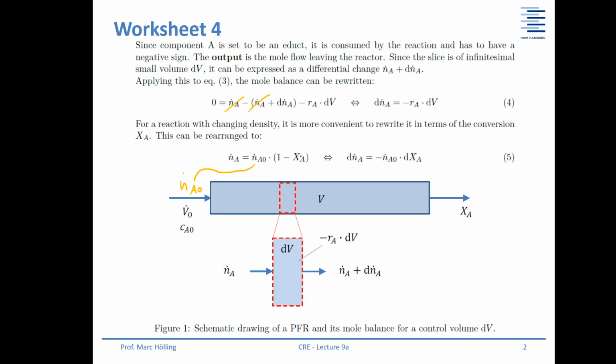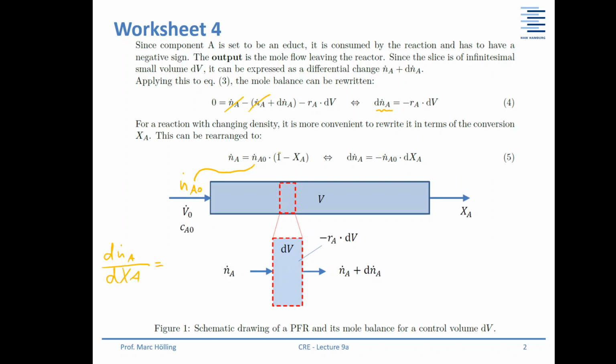Now we want to substitute our dN dot A by the conversion. How can we do this? You want dN dot A over dXA, so you calculate the derivative of this.